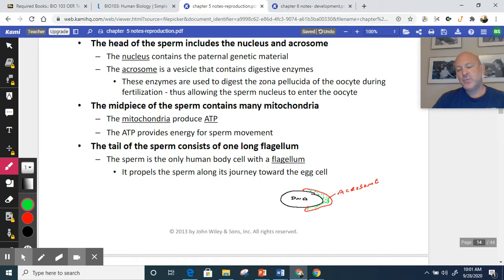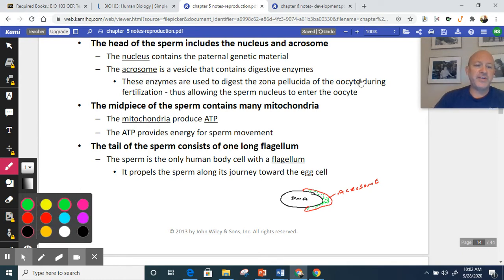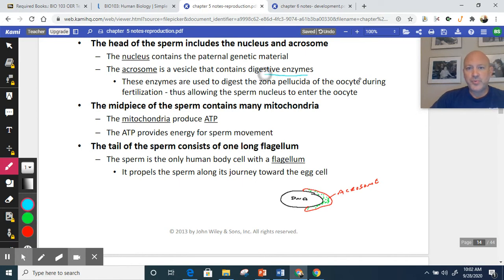So what this does is once the sperm cell reaches the egg cell, there are barriers surrounding the egg cell, protecting it, that the sperm cells actually have to burn a little tunnel through. So they would release these digestive enzymes that help them clear a path through those barriers. There's a protein barrier that surrounds the egg cell, and it's called the zona pellucida. So they would have to penetrate that in order to reach the egg cell. And they would penetrate that protein layer by releasing the digestive enzymes of the acrosome.